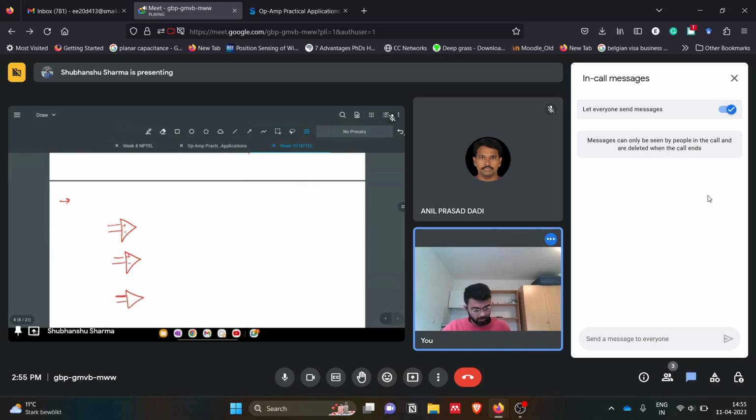So basically we used these two, then we had a multiplier core here, and it was being fed to this op amp.